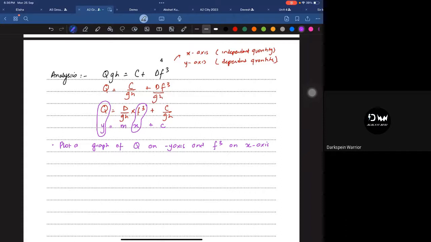Then write this very important point: the relationship is valid when the line is straight and passes through a y-intercept. Is it clear, everyone? So this will give you one mark, right? So then, when you've written this, now there was a very important question in analysis.